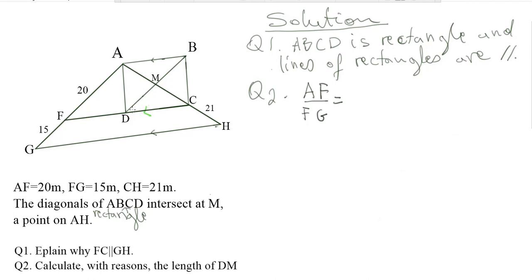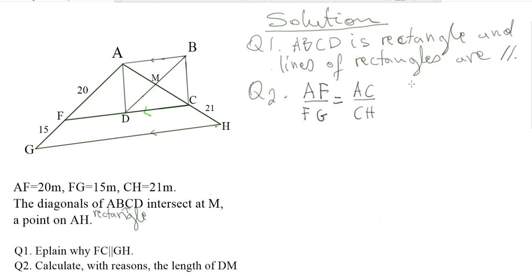Because if we want to find the distance of DM, for now it's impossible. So what we have to do is find first what is given, what is simple to do. Since we have parallel lines, these two lines are parallel. The proportionality theorem says AF over FG is equal to AC over CH.